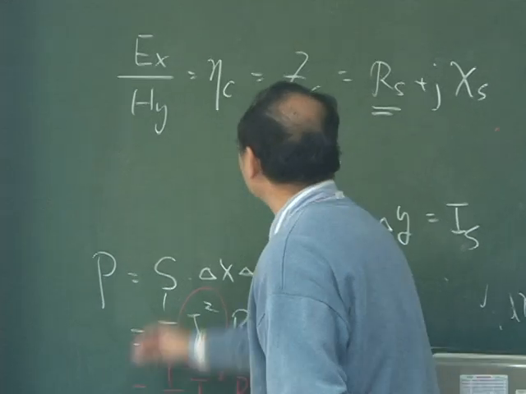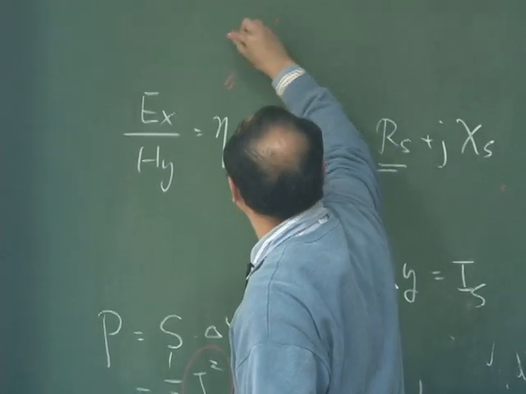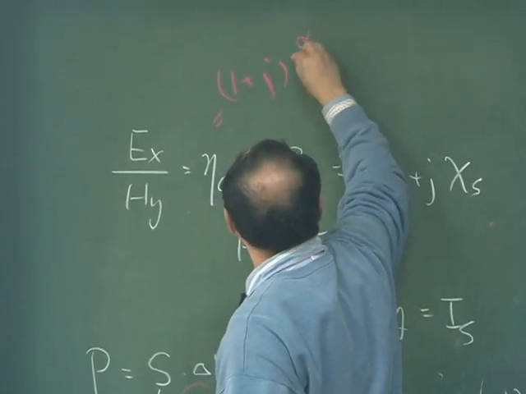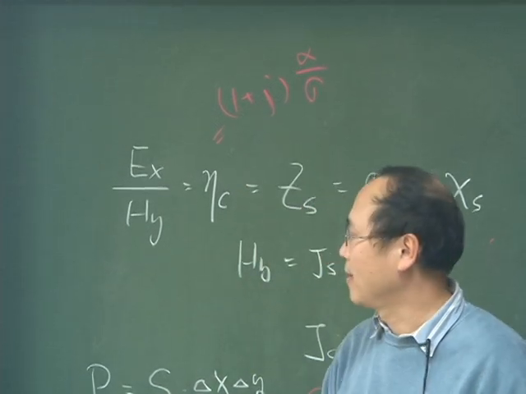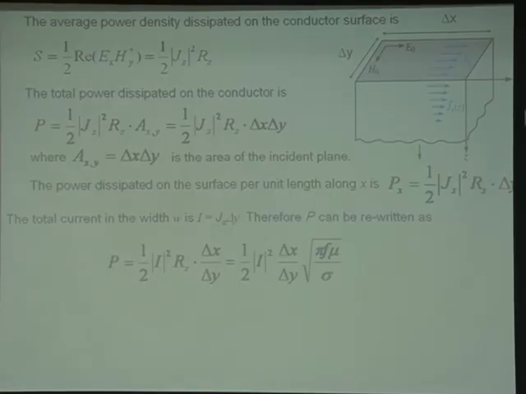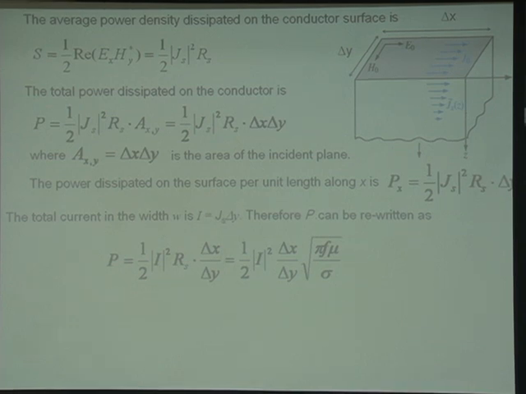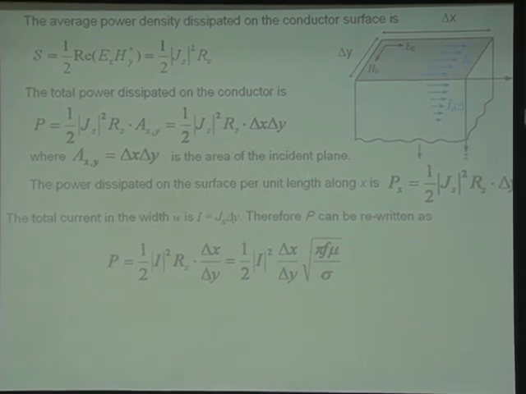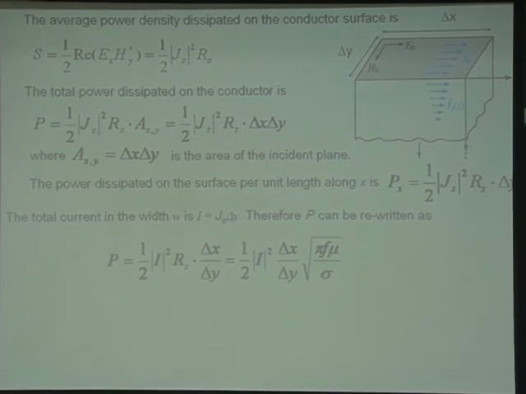Eta C, we calculated before, is equal to (1 plus j) alpha over sigma, right? Is this. So when the wave hits the conductor, you can calculate how much energy it consumes inside. Okay, if you are confused with this surface resistance, or sometimes I am also confused with this surface resistance, surface impedance, then let me tell you a simple way to understand this.